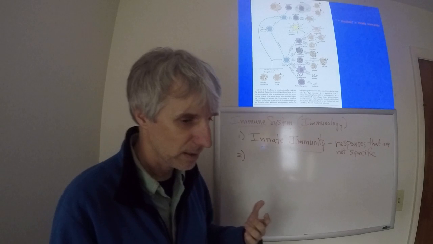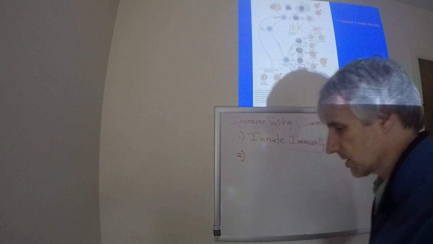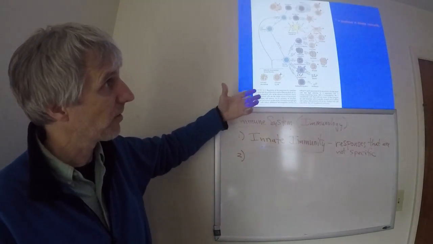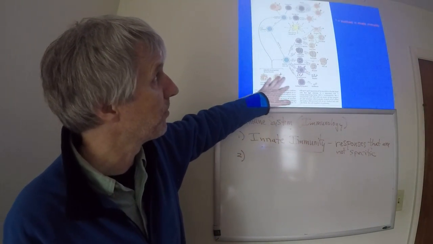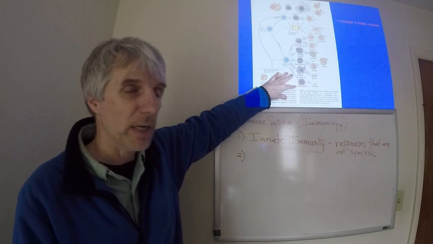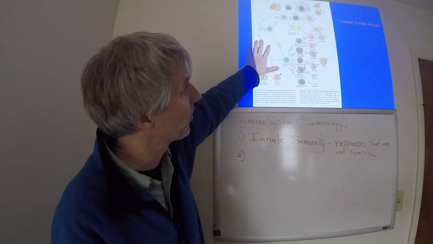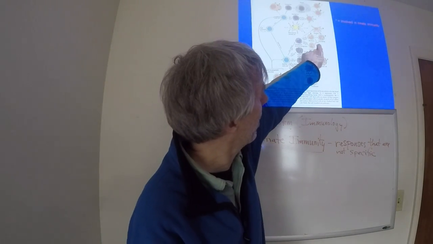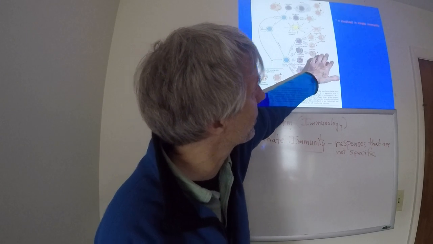There are particular cells that are particular players in the immune system that are involved in this innate immunity. So on my chart here, the one you can access on Blackboard, I have a red star by a bunch of cells.